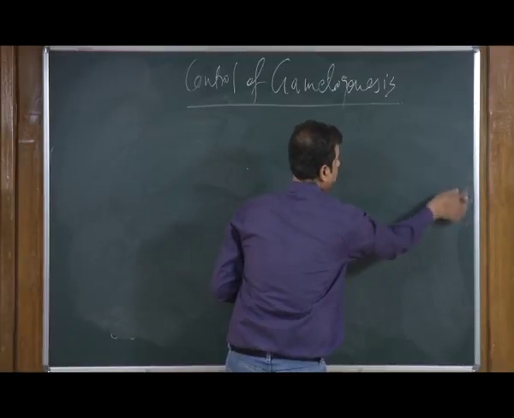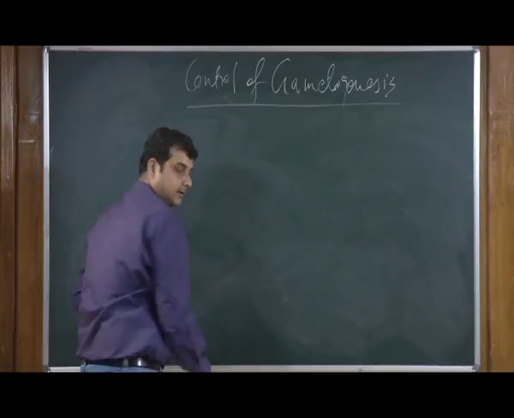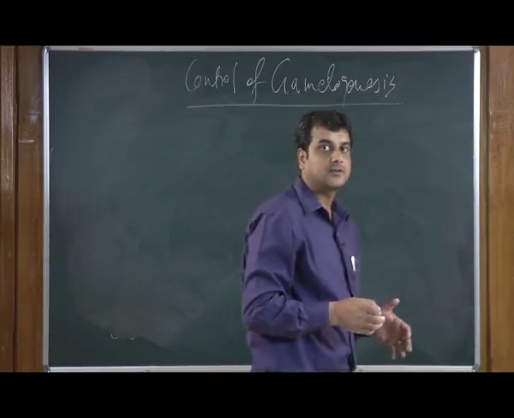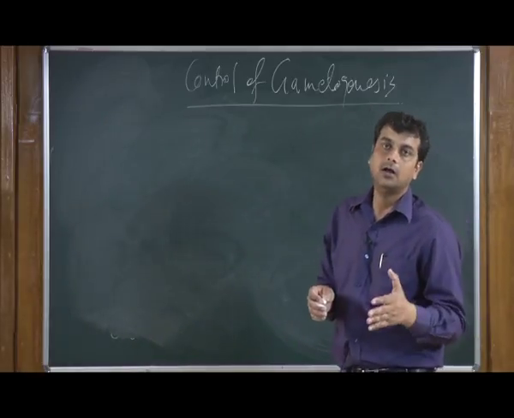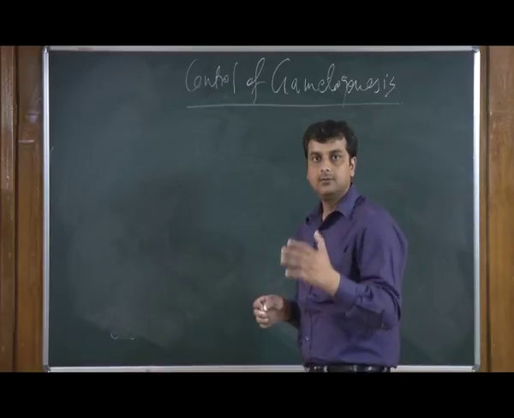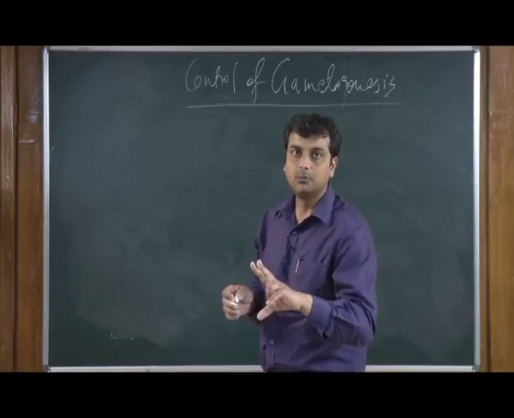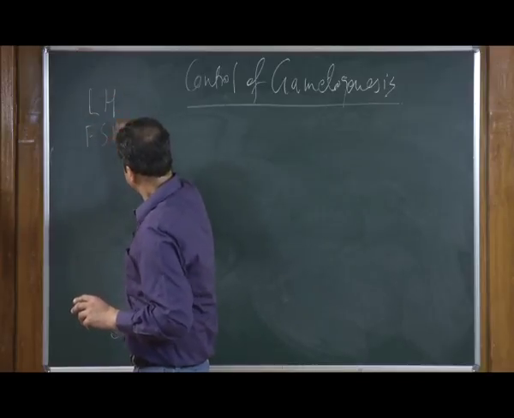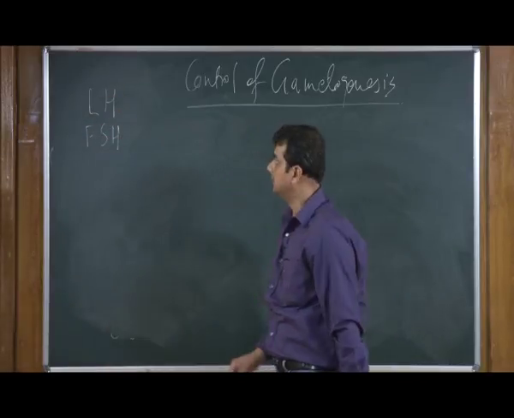So we will try to see the female reproductive system, and to understand it, let's draw a kind of graph and see how these two hormones, luteinizing hormone and FSH, control the female reproductive behavior.